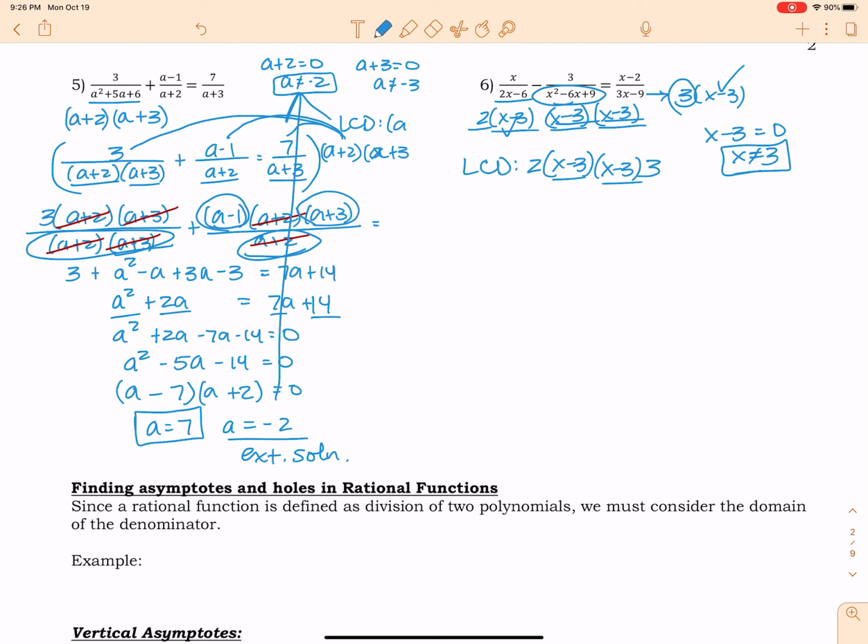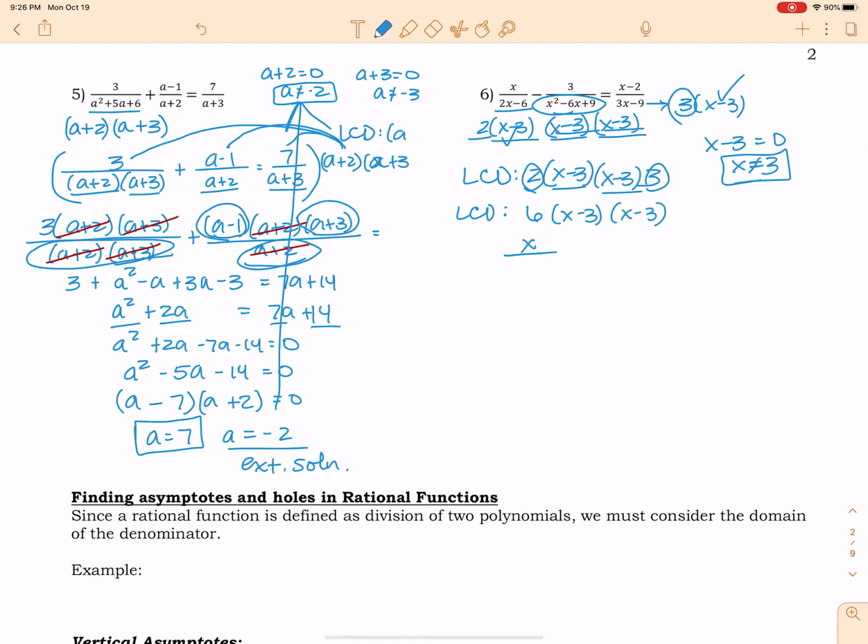So I'm going to tidy up this LCD so it doesn't look so horrible. So I've got a 2 and a 3 here, so that's a 6, and an x minus 3, and an x minus 3. That is my whole LCD. All right, so I'm going to rewrite my problem.